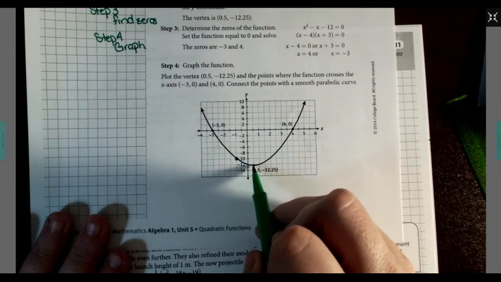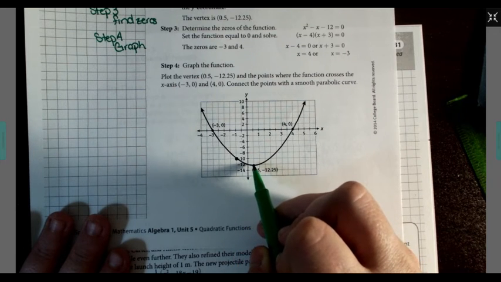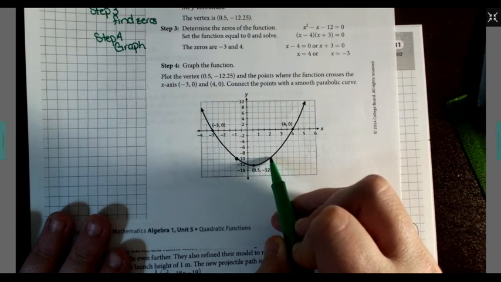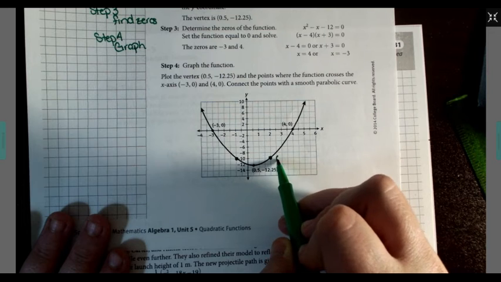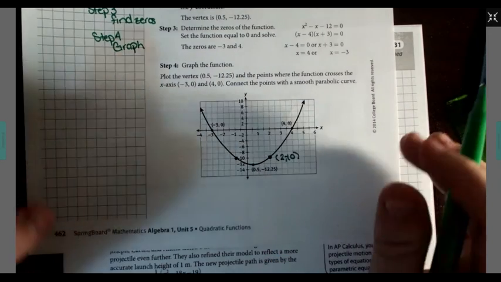Now, that is 1.5 away from our axis of symmetry. So if we go 1.5 in the other direction, that would be at 2. So I'm thinking that there should be an ordered pair at 2 comma negative 10. So let's take a look at that.